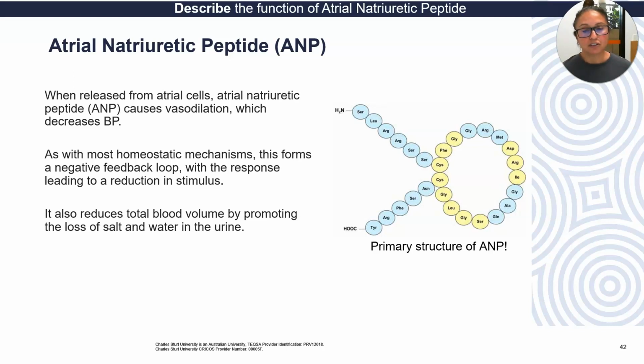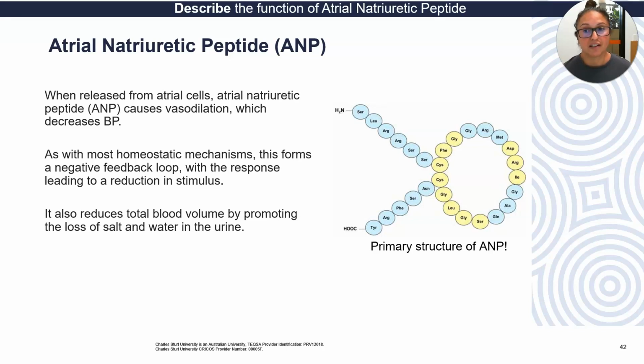This one has got to do with a little protein called atrial natriuretic peptide. This little protein is released by the cells of your atria, when they notice that they are being overly stretched.